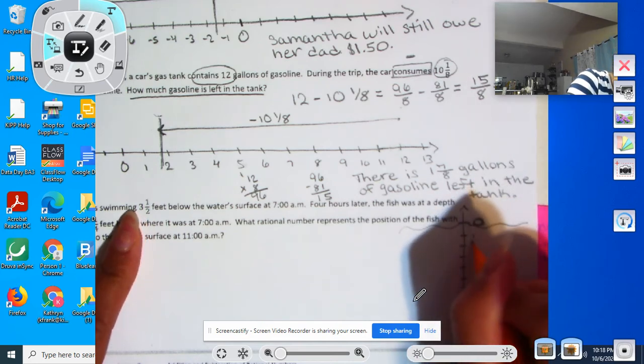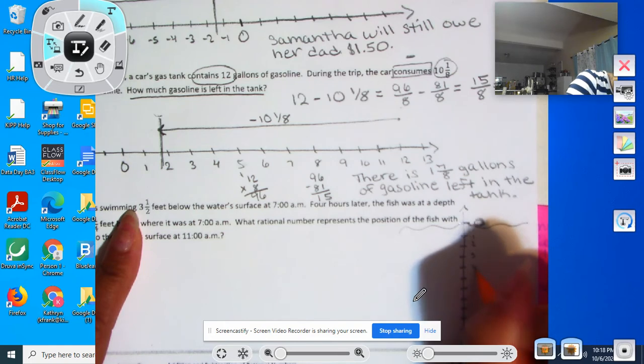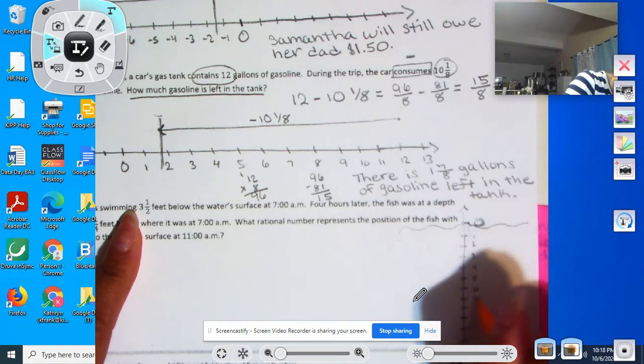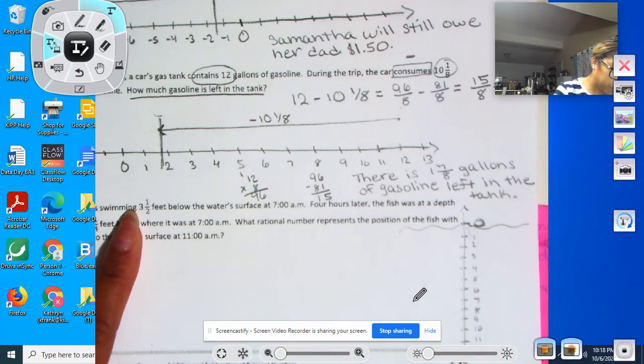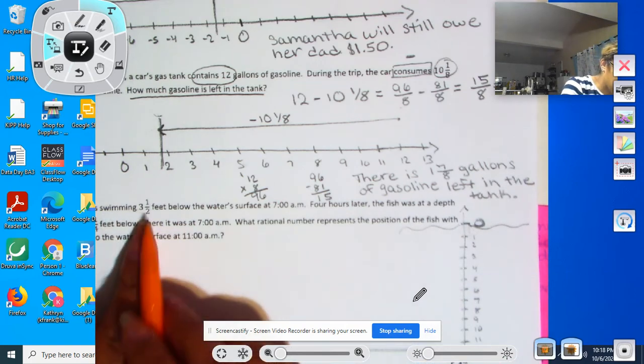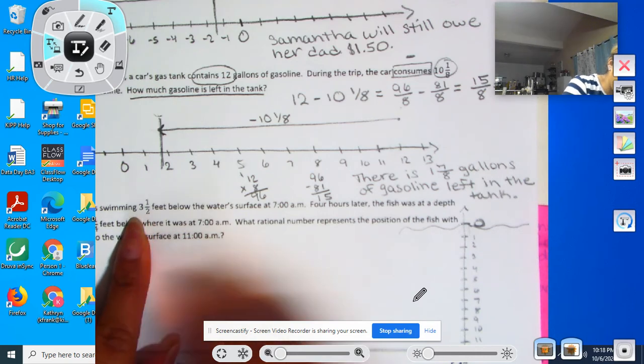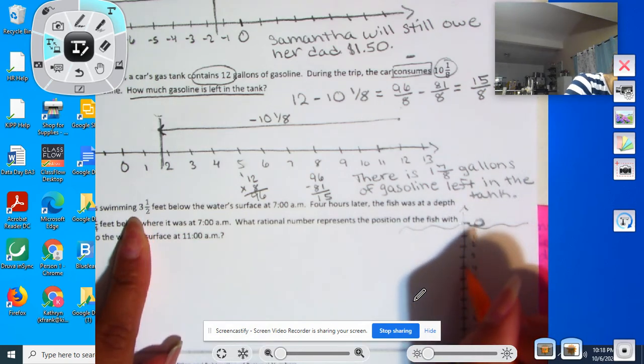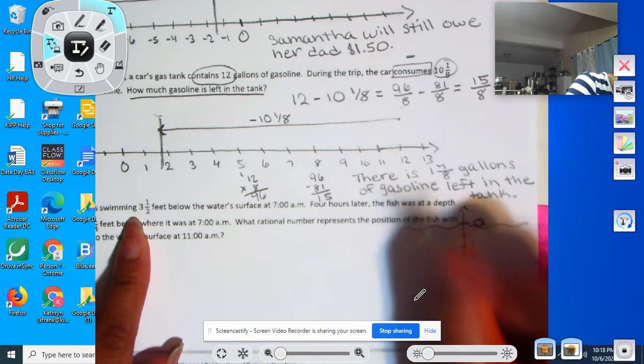So this is 1, 2, 3, 4, 5, 6, 7, 8, 9, 10, 11. Okay. So at 7 a.m., the fish was at 3½ feet. So where is that going to be? 3½ Well, that's somewhere between 3 and 4, right? So here's our little baby fish.